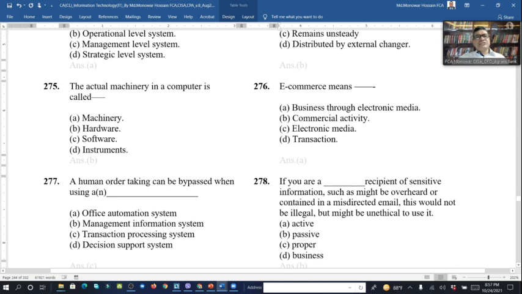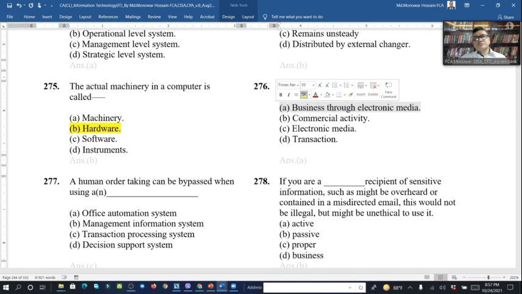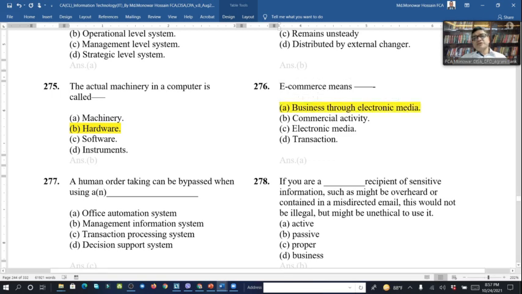The actual machinery in a computer is called hardware, which can be seen and touched. The actual machinery in a computer is called hardware. E-commerce means business through electronic media.